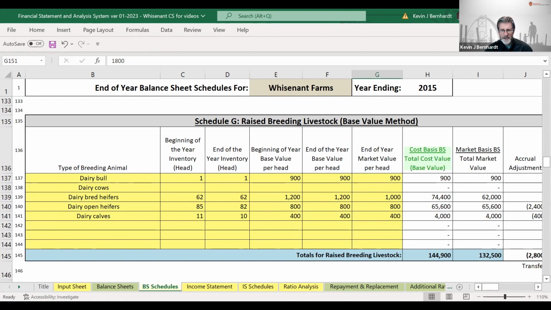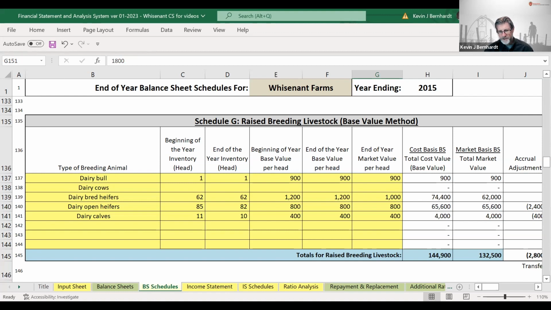It's on the cost basis side that we have a challenge, and we have that challenge because we don't have a purchase price. So how can you depreciate something that doesn't have a cost? Well, we know that there is a cost in raising that animal, and that's for the feed, vet, medicine, et cetera, that went into that animal from the time it was born until it reaches the breeding age.